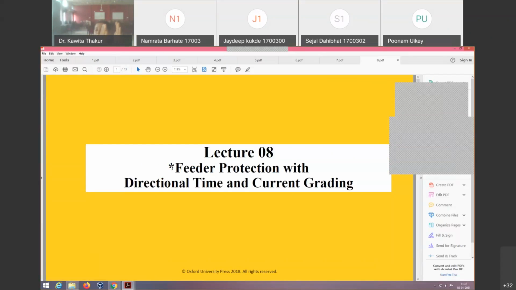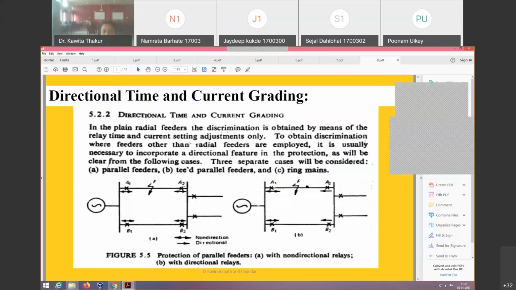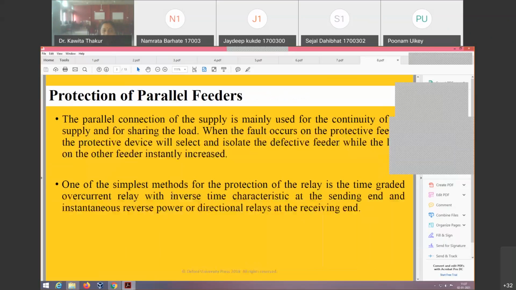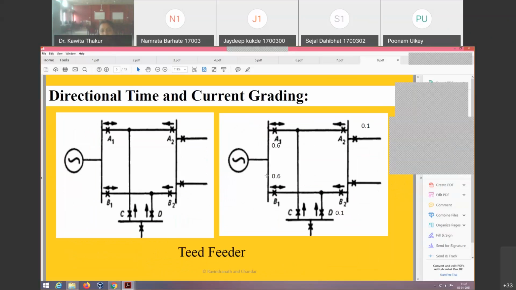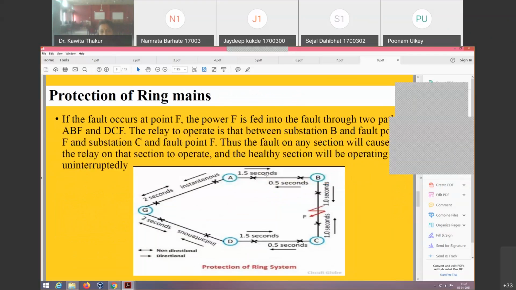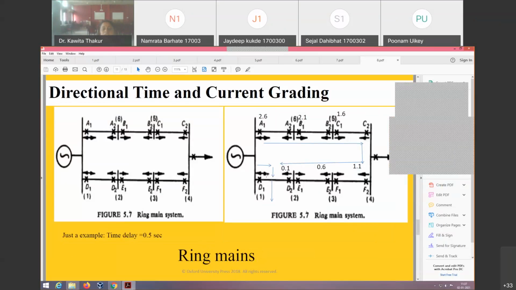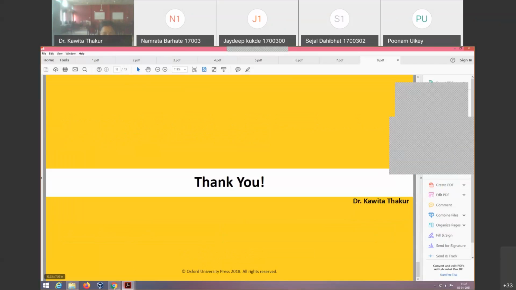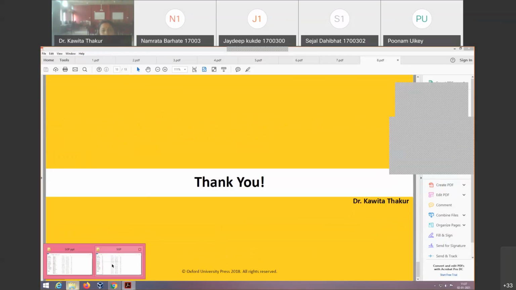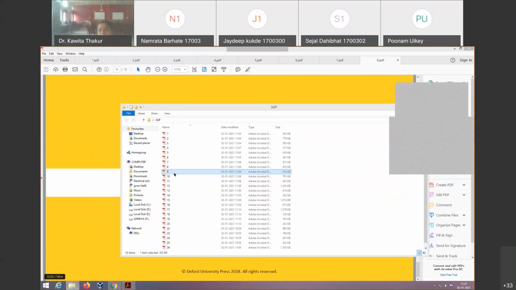This protection we have applied to the feeder, to the parallel feeder with time graded and current graded scheme, then the lead feeder, then ring mains. The same problem you have solved in your CT1. This is for feeder protection, this is our 8th lecture.